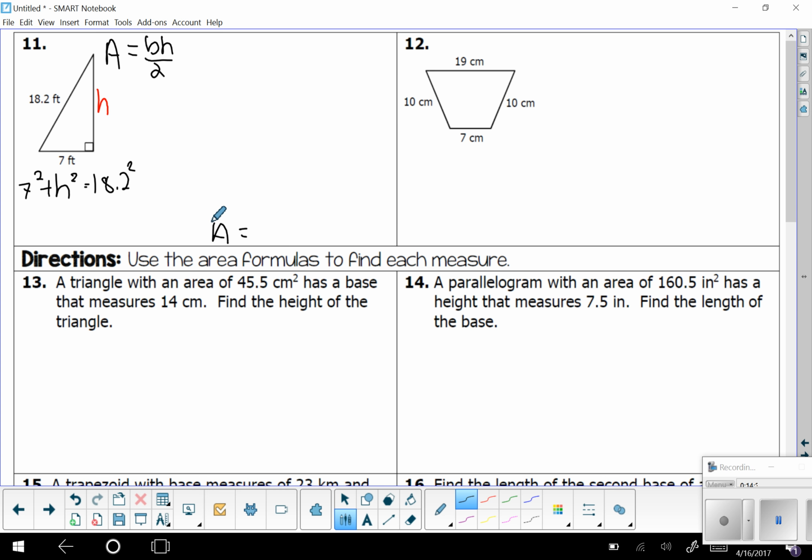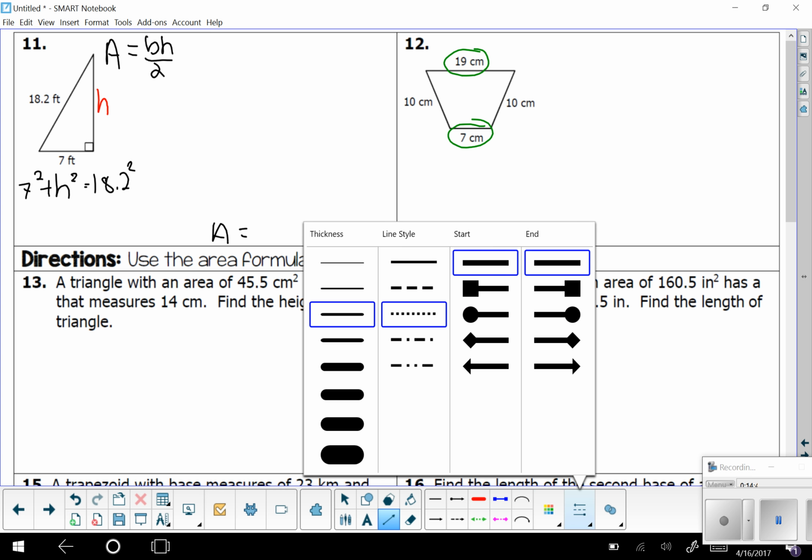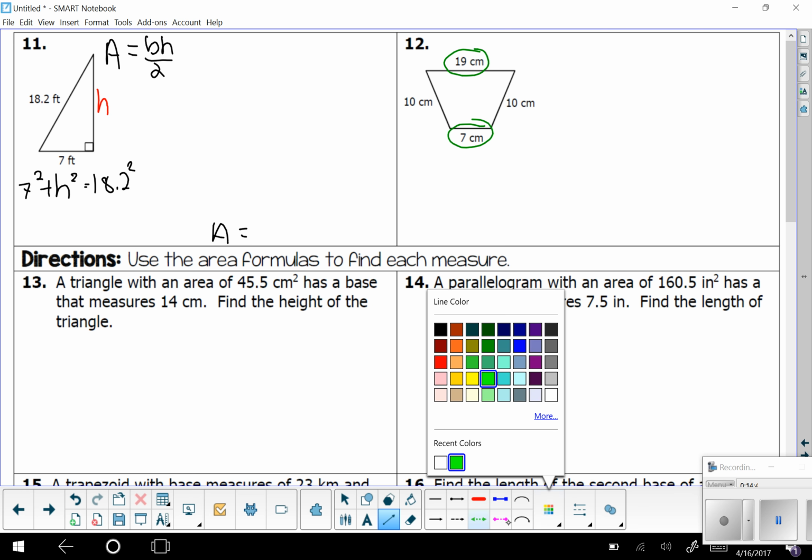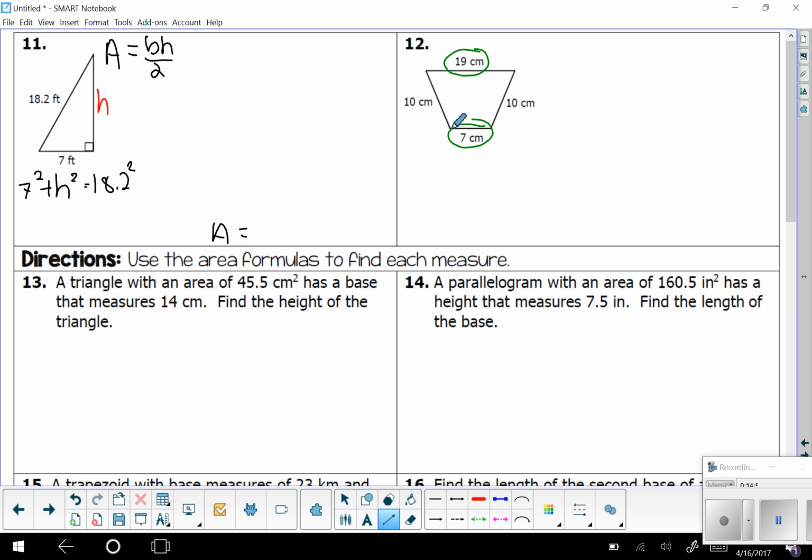For 12, we have base 1 and base 2, but we don't have the height again. The height, make sure I have dotted. Okay, dokie. The height comes from right there. And we have another one over there. Okay, those are the heights.